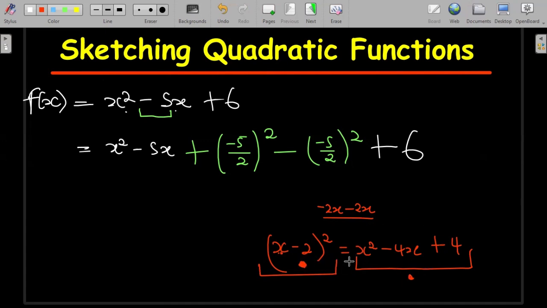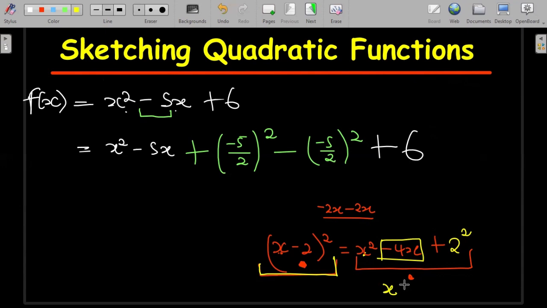So notice that this 4 at the end, I can write it in another way. I'll write it as 2 squared. When we are writing it in this form, it's like we're ignoring this part. We're just getting the x there without the squared, and then we get whatever is here.